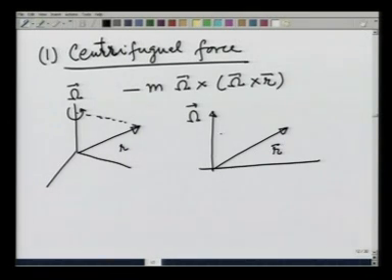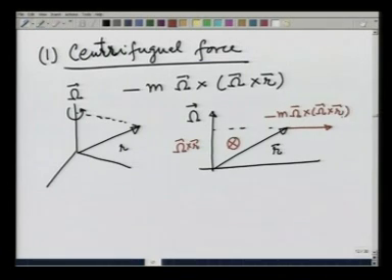Then omega cross r is going into the plane, and omega cross omega cross r would be going to the left, and therefore minus m omega cross omega cross r would be going to the right. So, this is the direction of the centrifugal force.